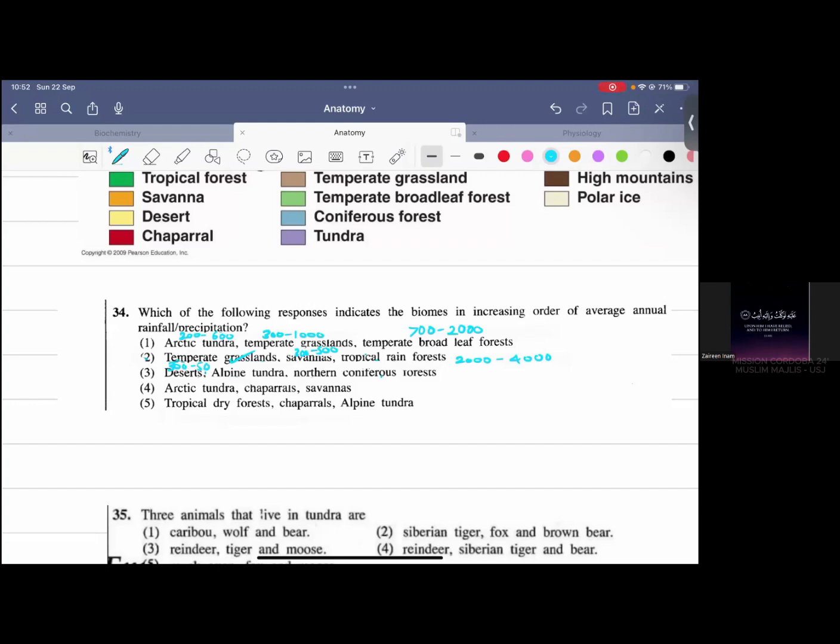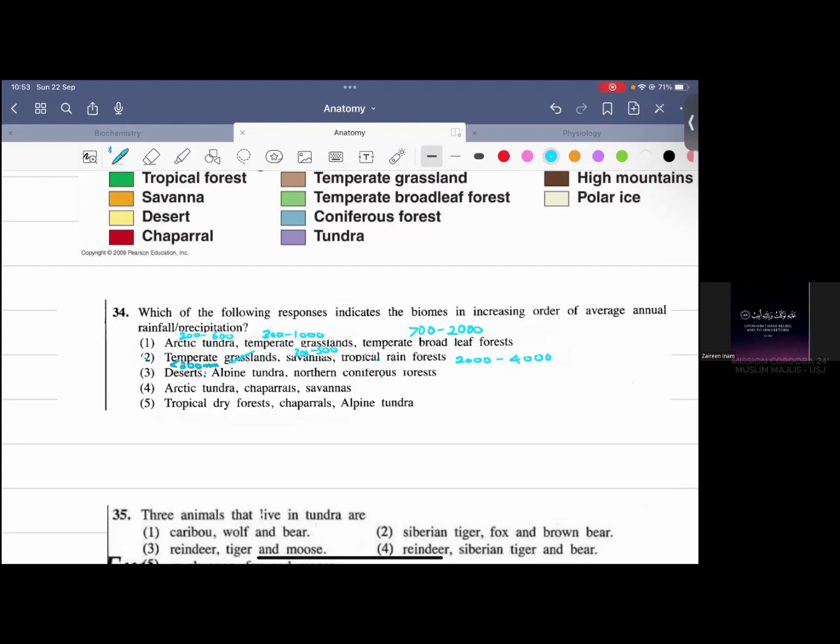Not deserts. Desert is less than 300. Alpine tundra, a little bit high. More than 1,000, yes. Then you have northern coniferous forest, 300 to 700. And then you have chaparral, which is 300 to 500. And that's it.